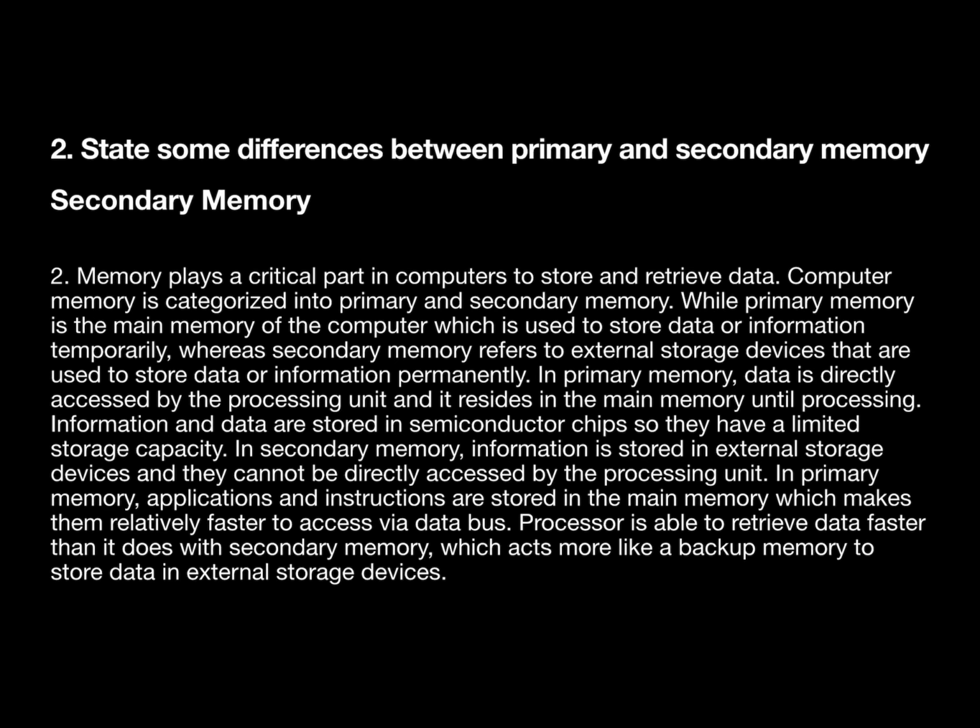In primary memory, applications and instructions are stored in the main memory, which makes them relatively faster to access via the data bus. The processor is able to retrieve data faster than it does with secondary memory, which acts more like a backup memory to store data in external storage devices. These are just some differences between secondary and primary memory. We shall see more later, but not as detailed.